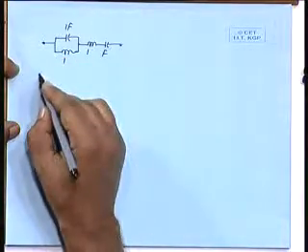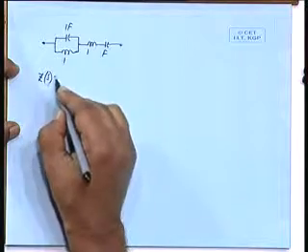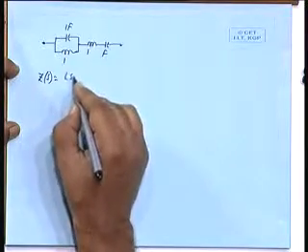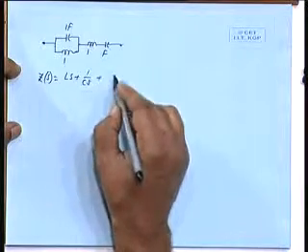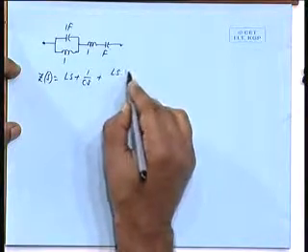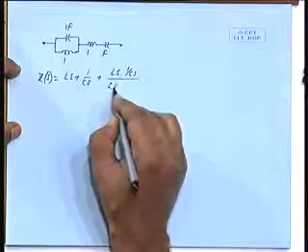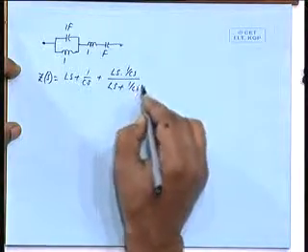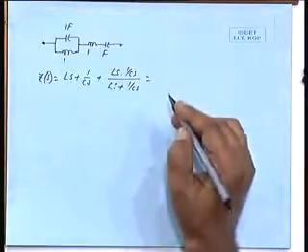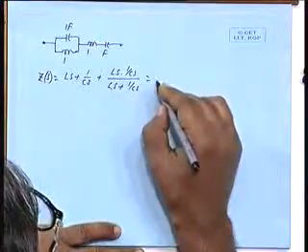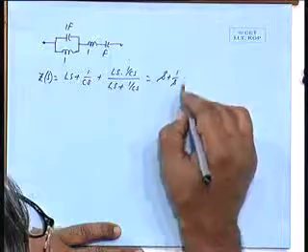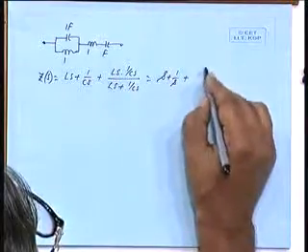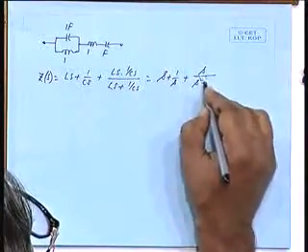What will be Zs like? Ls plus 1 by Cs plus Ls into 1 by Cs by Ls plus 1 by Cs, and L is equal to 1, C is equal to 1. So this will become S plus 1 by S plus S by S squared plus 1.